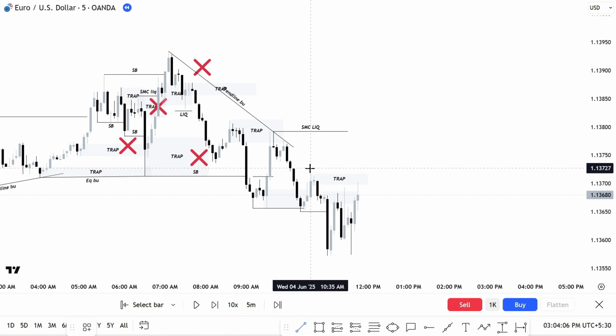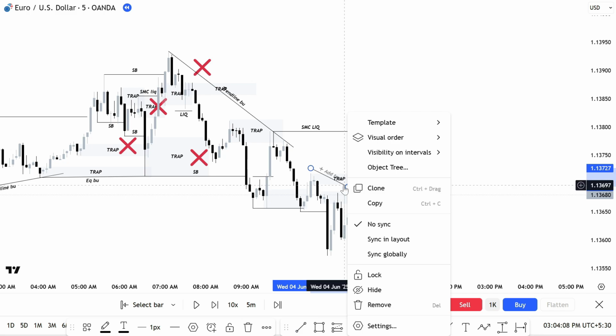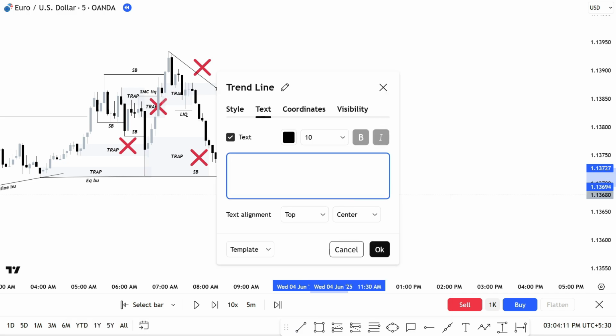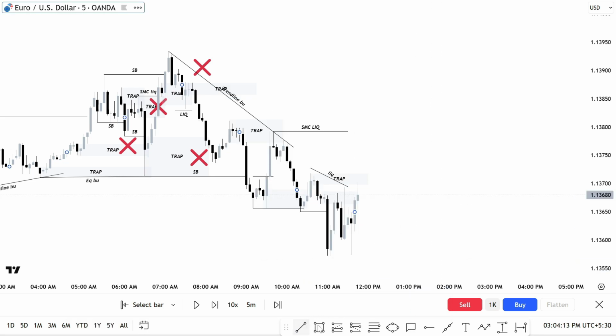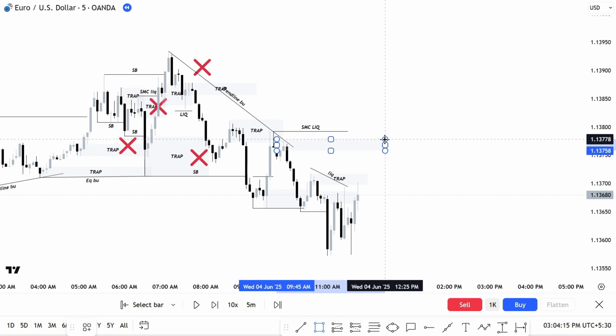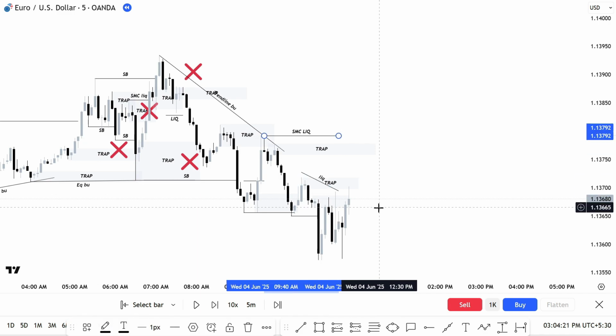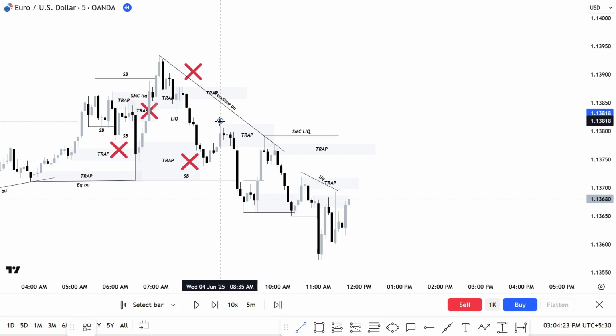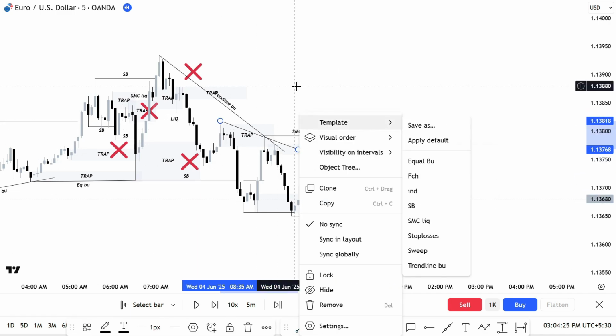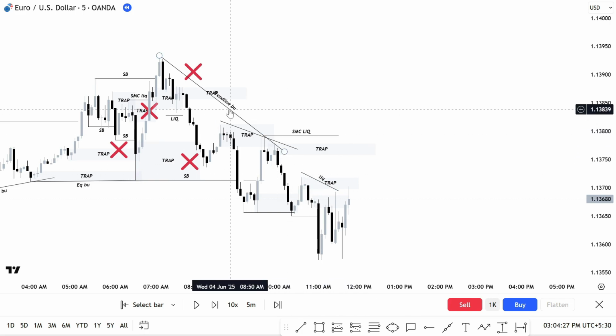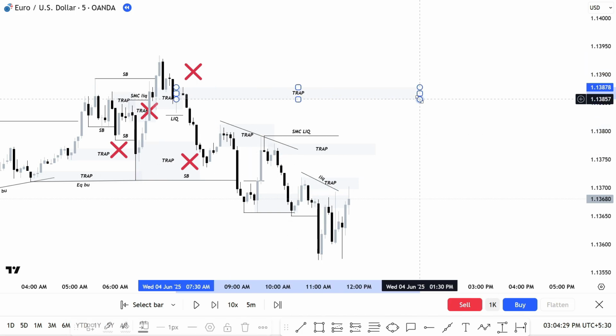If anyone considers this as the liquidity, selling, they will look for sells inside this trap zone. Or if anyone considers these as the liquidity, they will try to get sells from there.